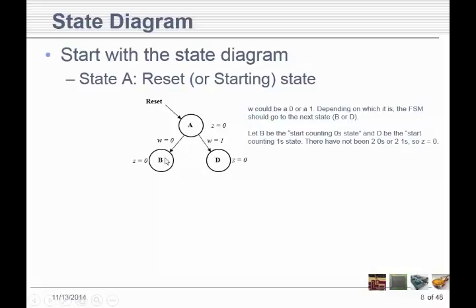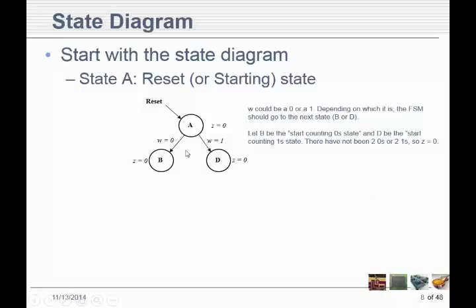I can say that the first value on W was 0, or the first value on W was 1. Either way, that's only 0 or 1. In both cases, Z would be 0.